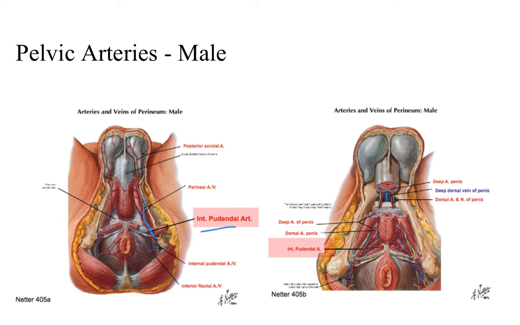And so this is just showing you right here again the dorsal artery of the penis and then the deep artery of the penis right here. And so this is going to wrap around to the dorsal side, which you see right here coming through with this cutout cross section.